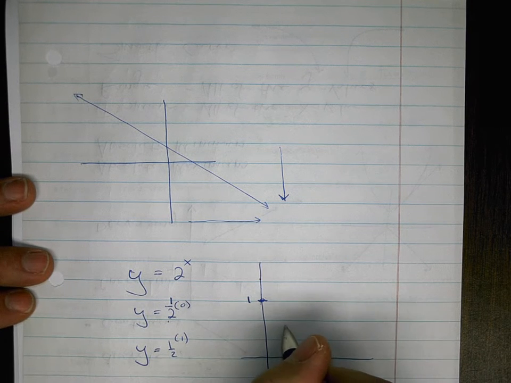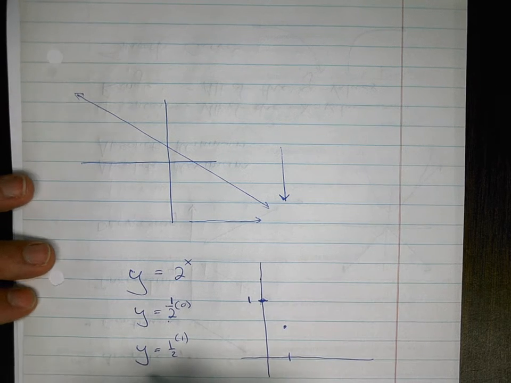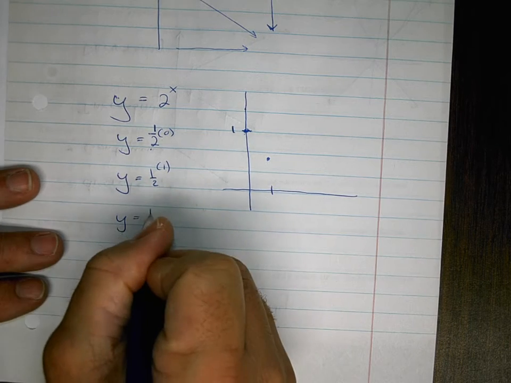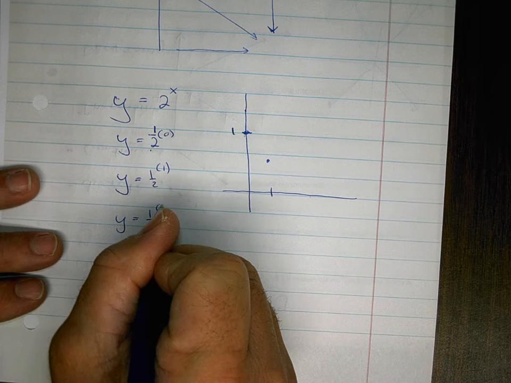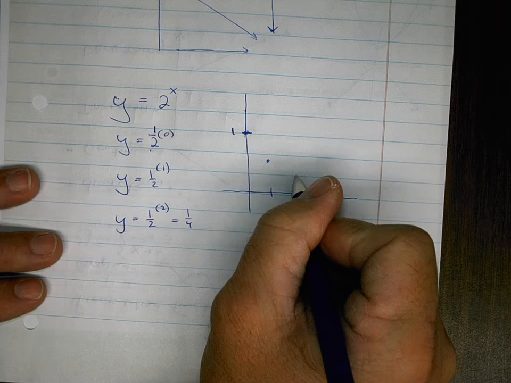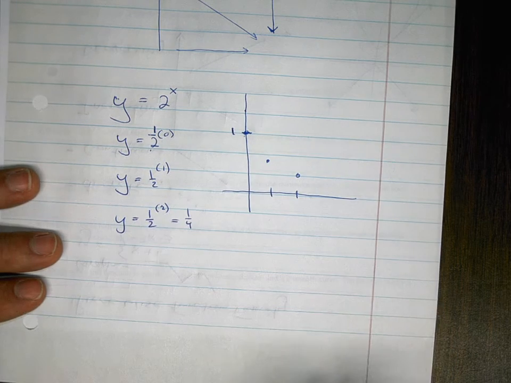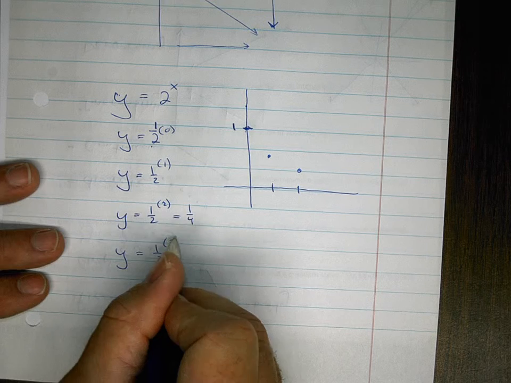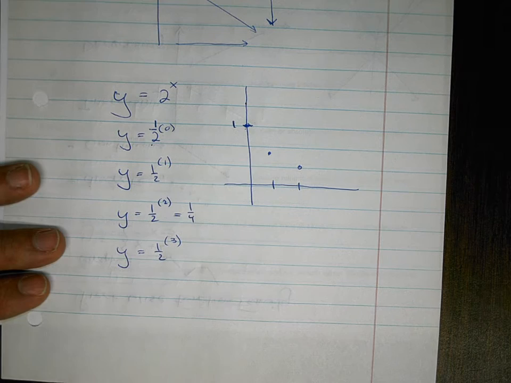And then when you go to y equals 1/2 to the second power, you get 1/4, which would be right here. And then if you take y equals 1/2 to the third, you get 1/8.